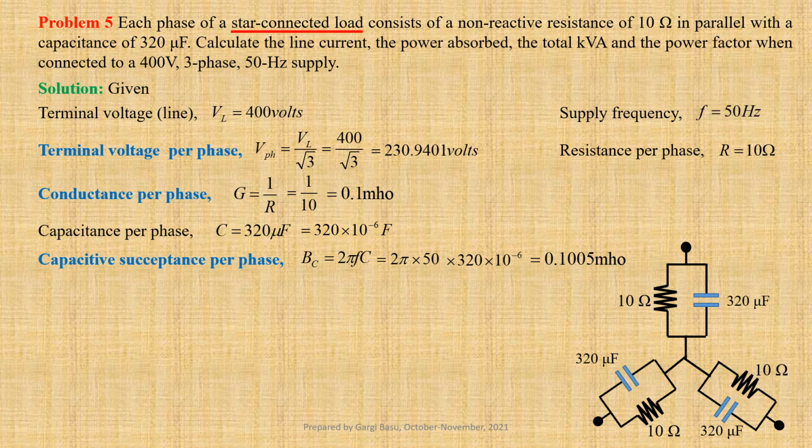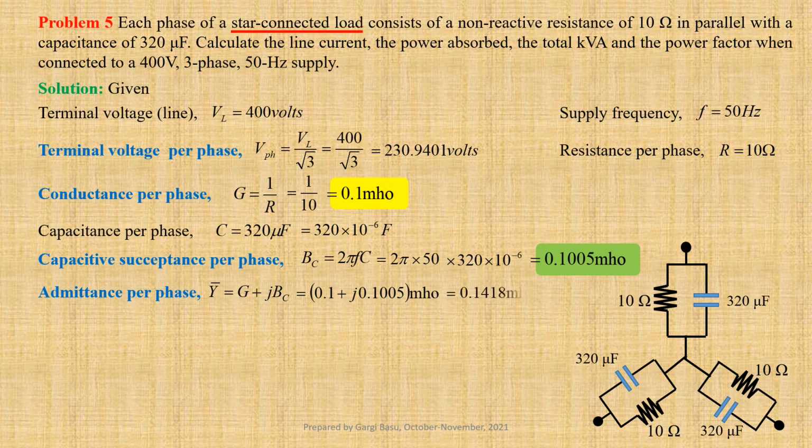Now we shall write down admittance per phase in phasor form. Y equals G plus JBC, that is equal to 0.1 plus J 0.1005 mho. This may be written in polar form as 0.1418 mho at an angle 45.1517 degree.